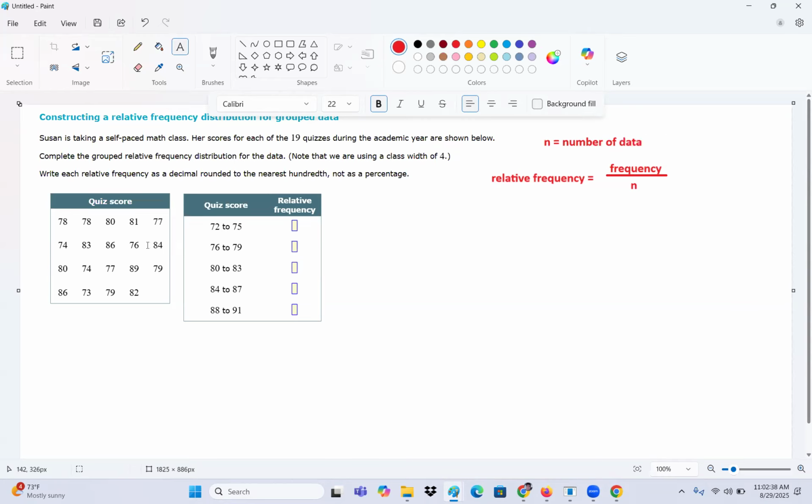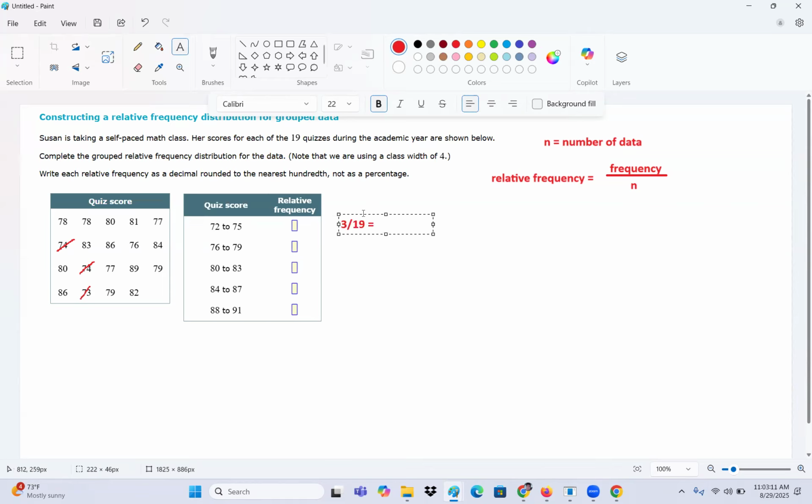Obviously you can just count the number of data between 72 and 75. We got 1, 2, 3, something like that, right? And then you get 3 over the total of the data. So we have 5, 10, 15, and 19. So 3 over 19.